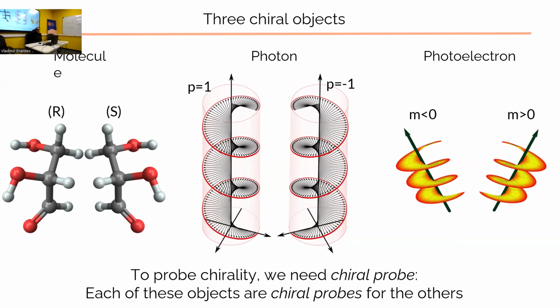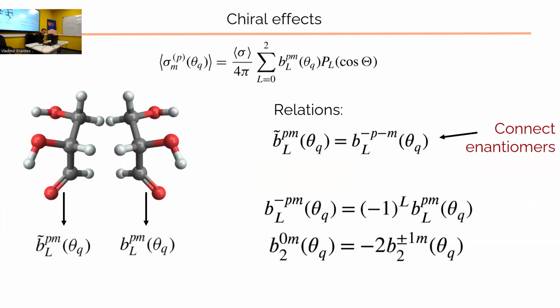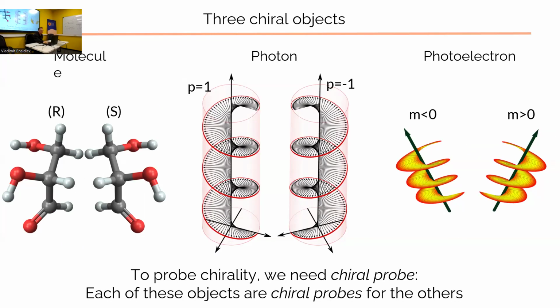Okay, so we have three chiral objects, and now we will discuss chiral interactions within these objects. Since you are working with the spin degree of freedom, how do you describe the wave function with the Legendre function?